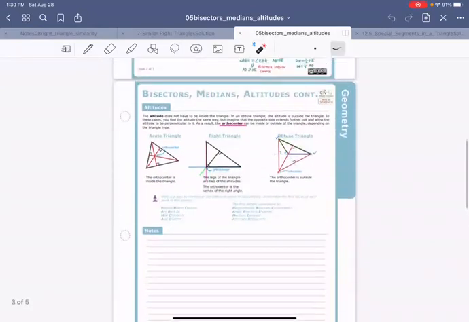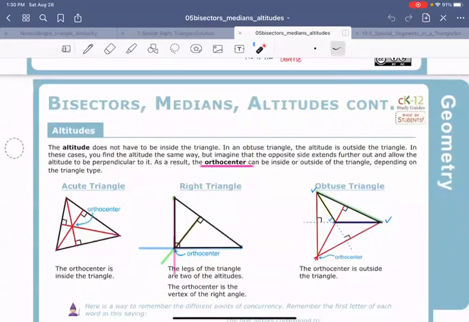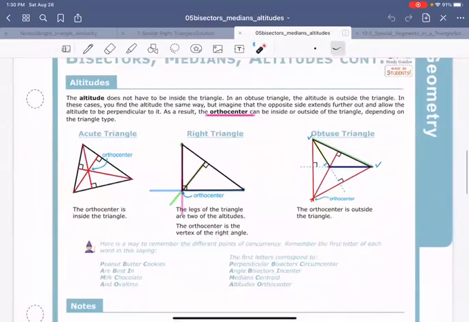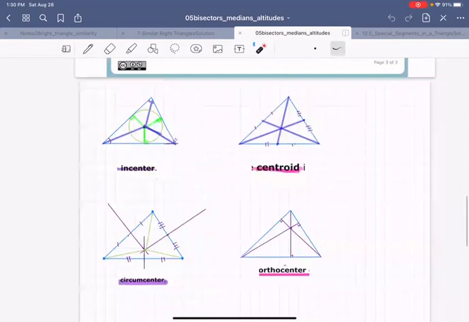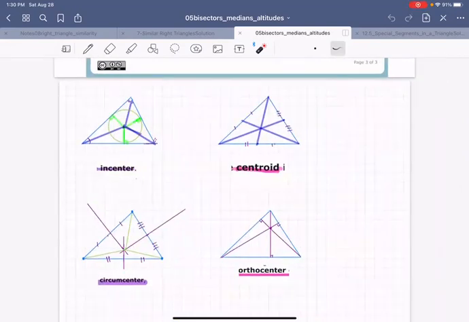Now let's continue with what we learned last week. Last week, we learned many centers. So if we draw the angle bisectors, they will meet at one point. This point is called the incenter.